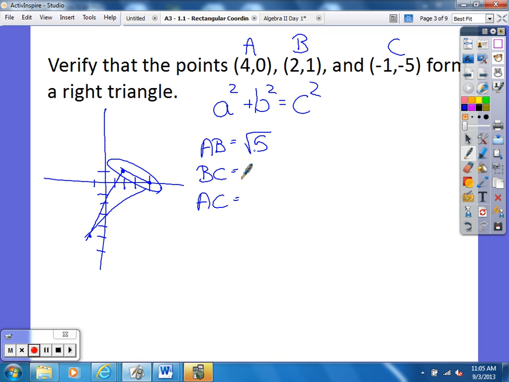Square root of 45? So finding the difference between each set of points. So that's fine. That's a good idea.